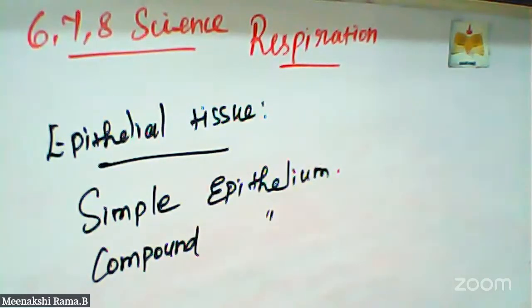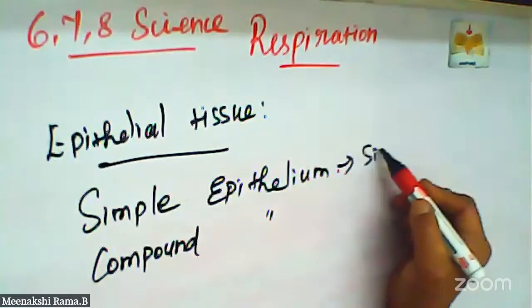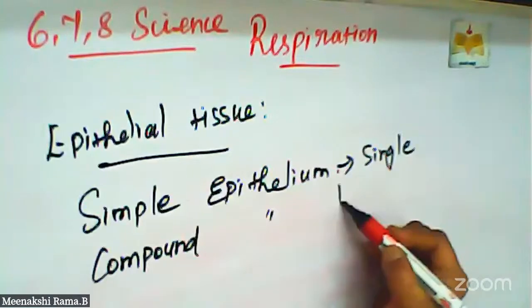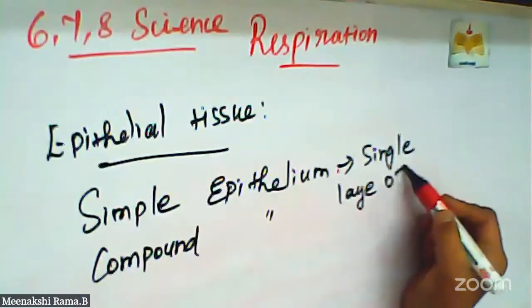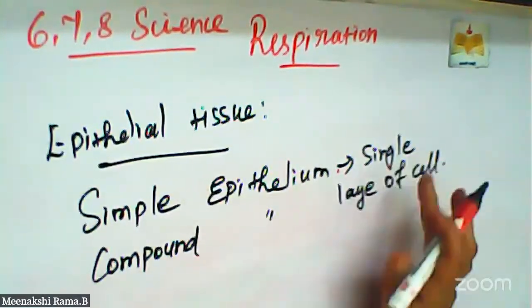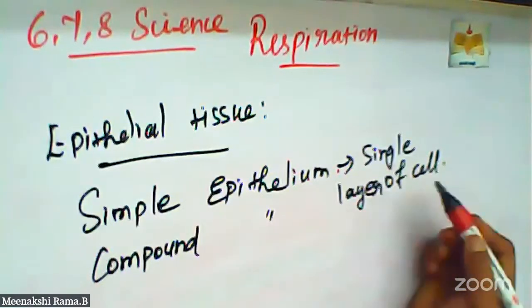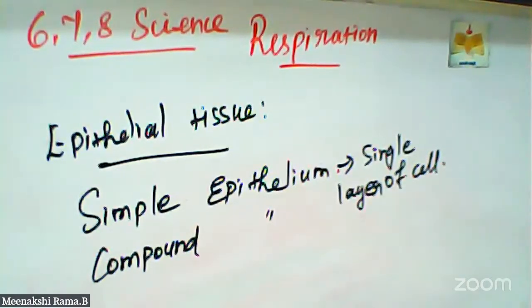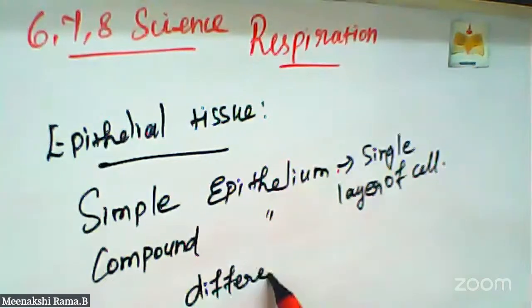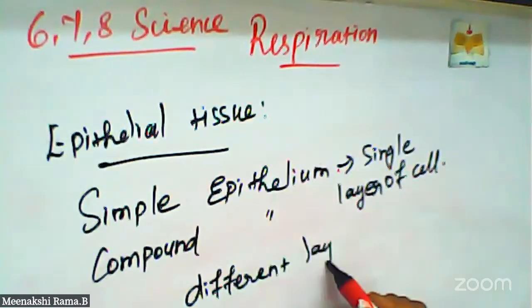The simple epithelium is made up of a single layer of cells only. Compound epithelium is composed of different layers.